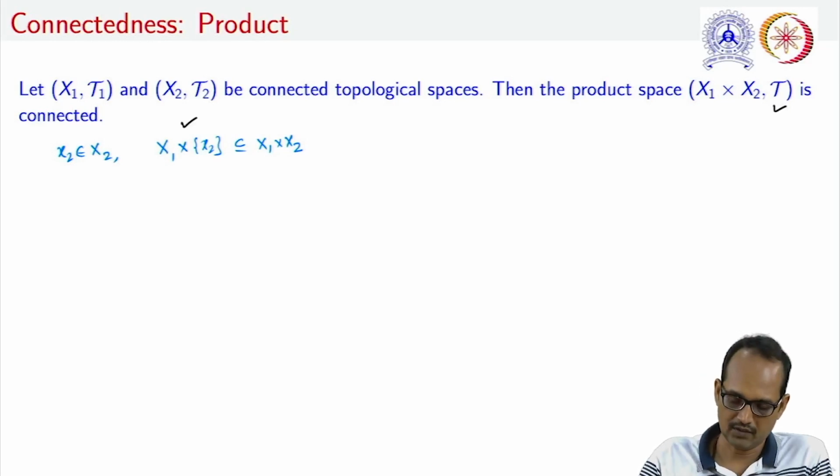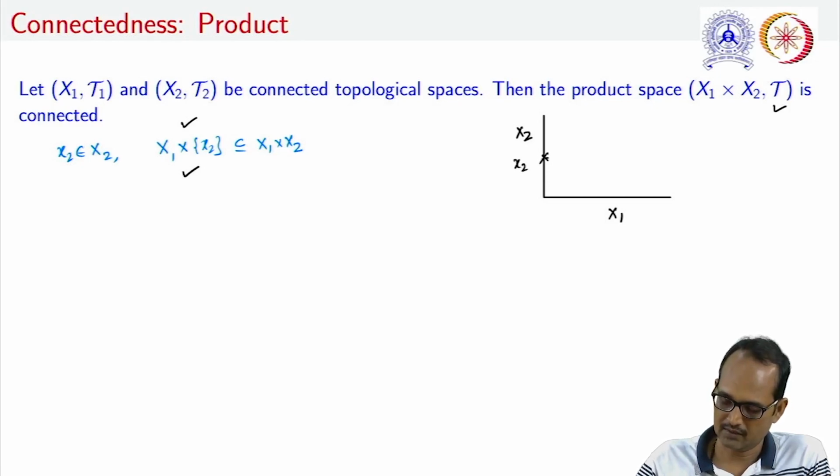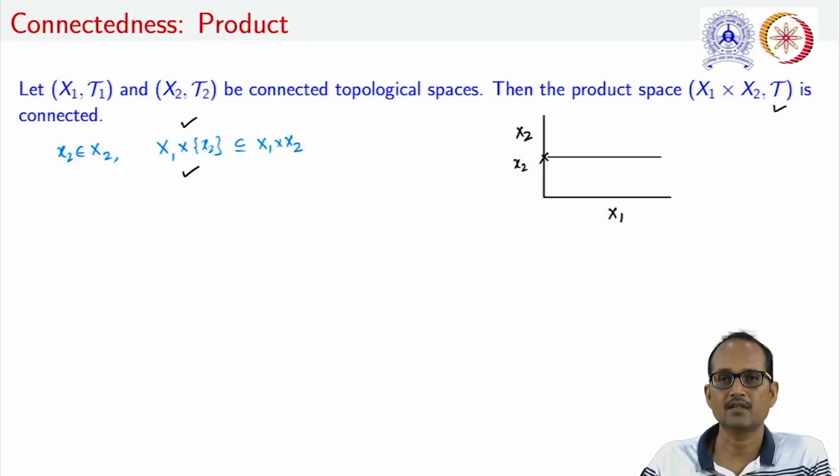Now let us see what this X1 cross the singleton set {x2} represents. This one is representing set X1, this is representing set X2, and this is an element x2 of this set X2. Then this particular slice is representing X1 × {x2}.